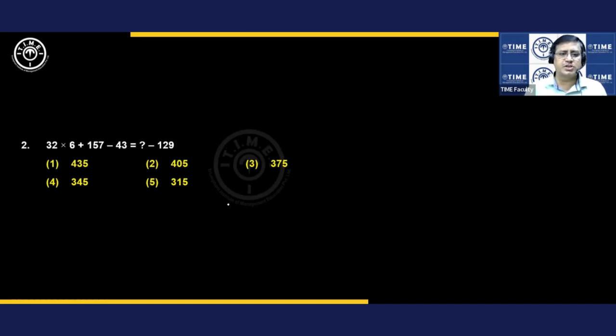32 into 6 plus 157 minus 43 is equal to question mark minus 129. Take numbers on one side, question mark on the other side. 32 into 6. 30 into 6, 180 plus 12, 192 plus 157 minus 43 plus 129.